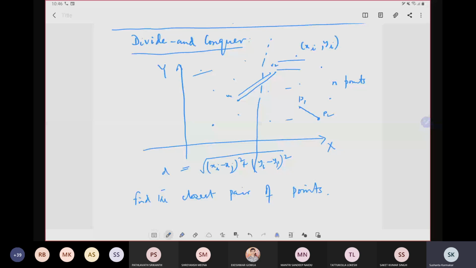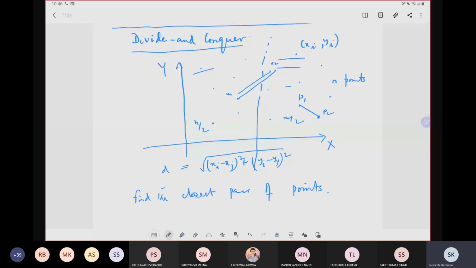So if there are n points, roughly n by 2 and n by 2 points. If we can divide that, and then somehow we calculate the closest pair of points in this region, and somehow we find the closest pair of points for this region.